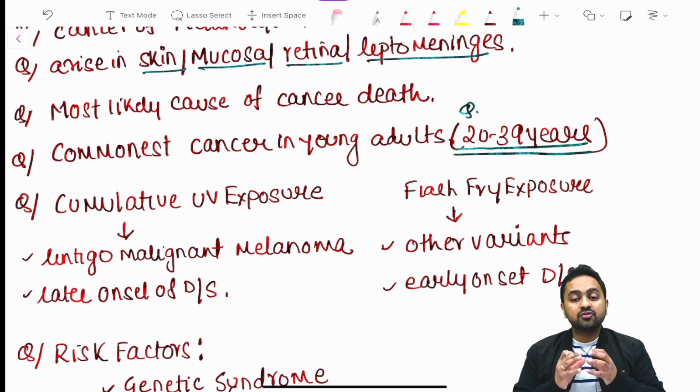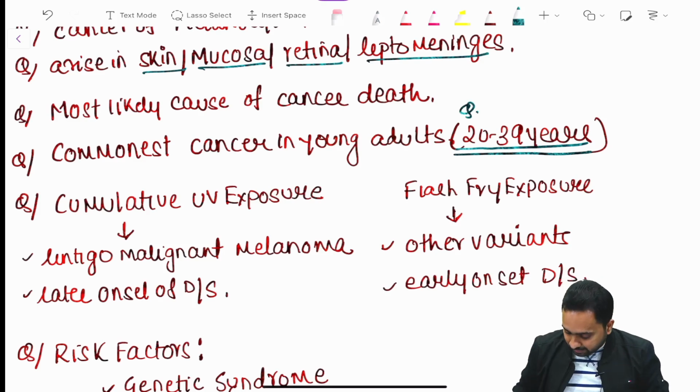Now cumulative UV exposure is responsible for late onset of disease, and it usually leads to the lentigo maligna melanoma variant, whereas flash fry exposure leads to early onset of disease and is responsible for the other variants apart from lentigo maligna melanoma.